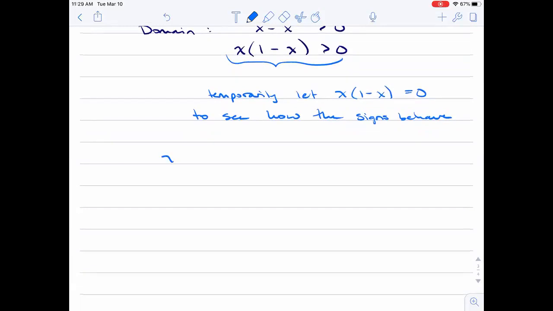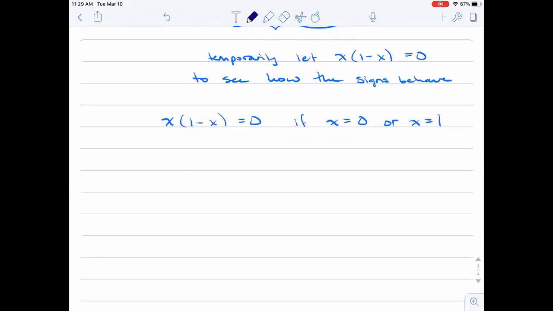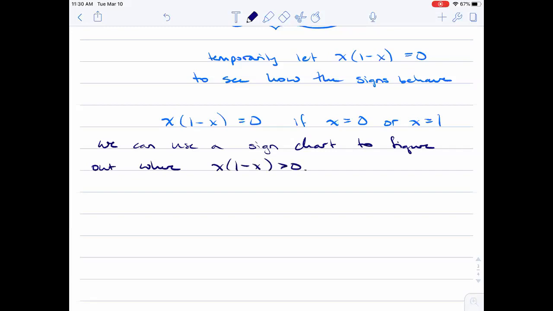And so x times 1 minus x equals 0 if x equals 0 or x equals 1. We can use a sign chart, I think that's what they call it, to figure out where this thing is positive, to figure out where x times 1 minus x is greater than 0.